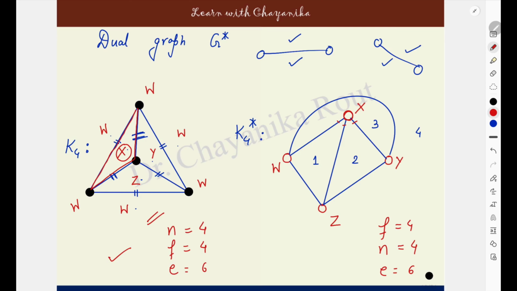The face Y has length 3, so the vertex Y here has degree 3. Face Z has length 3. The vertex Z has degree 3. Face W has length 3, and therefore W has degree 3. So these are some things that you can check to conclude that your dual graph has been drawn correctly.